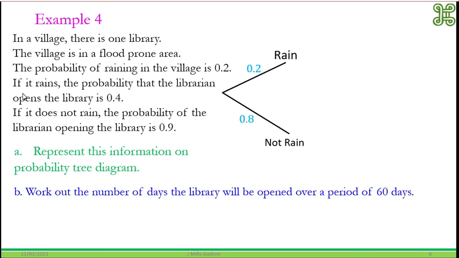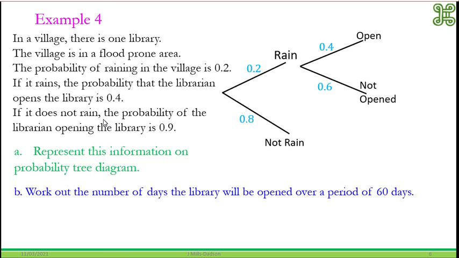Okay. Now we've been told that when it rains, the chance the library will be open is 0.4. So let's look at opening. It's 0.4 chance. What about not opening when it's raining? It will be the opposite of 0.4, because we need to make sure we add up to 1. That's 0.6.